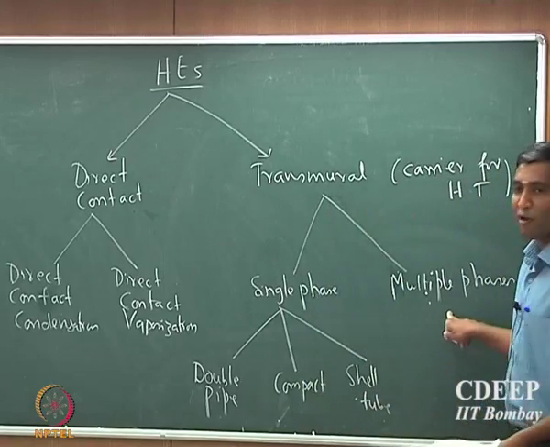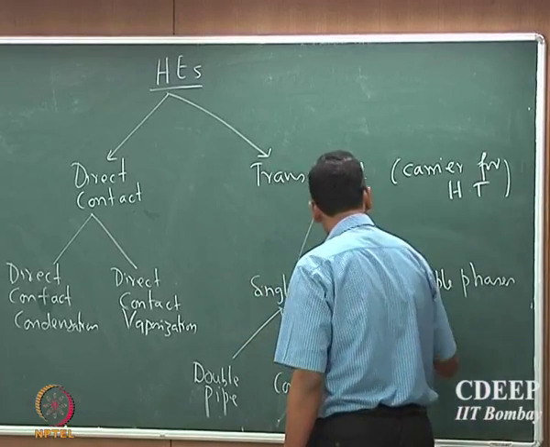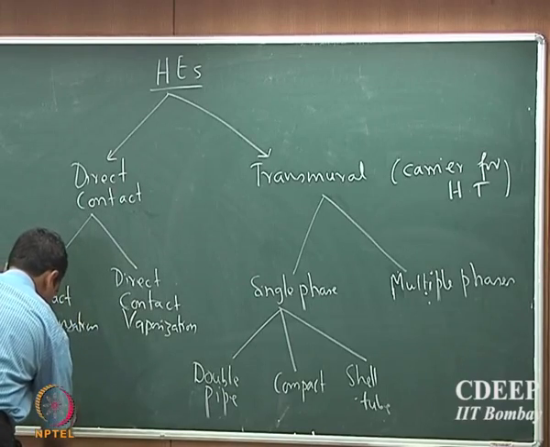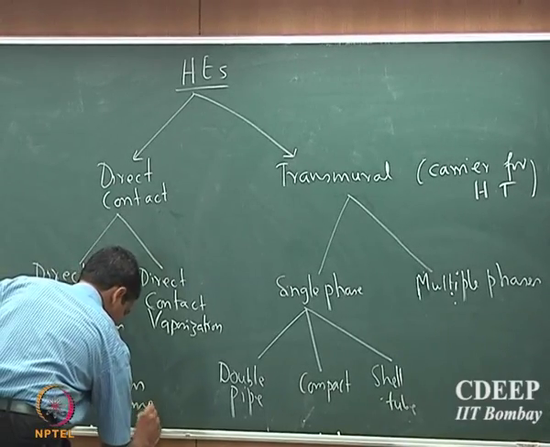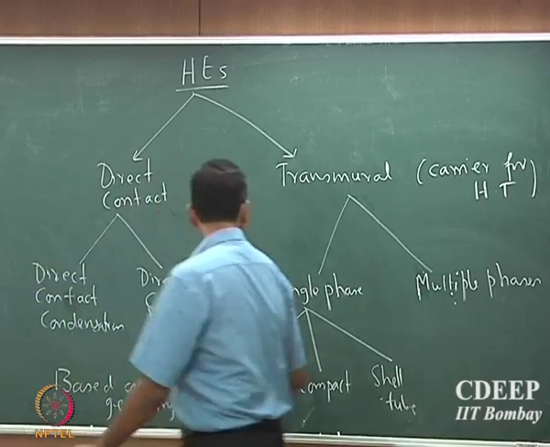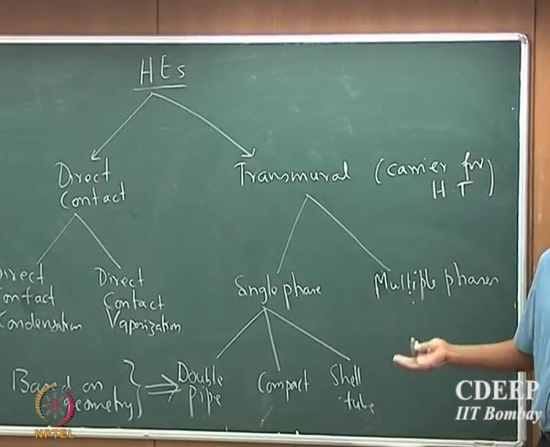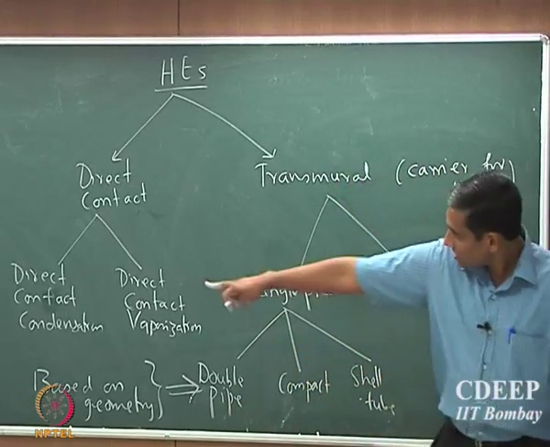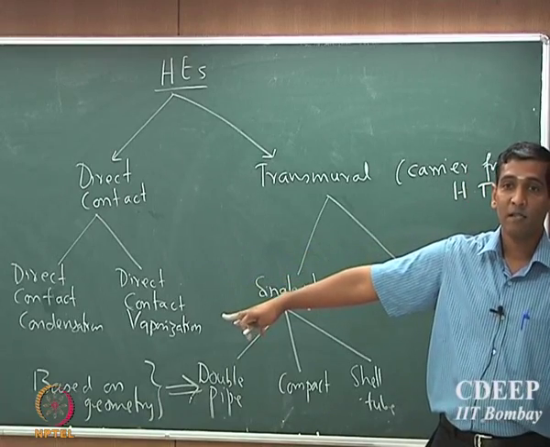So, these three are based on geometric classification, and in principle, even when you have multiple phases involved, you could use these three depending upon those three factors that we actually discussed a short while ago.